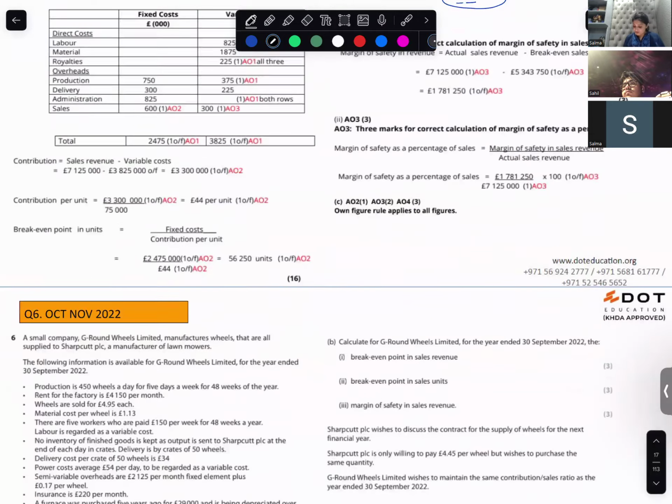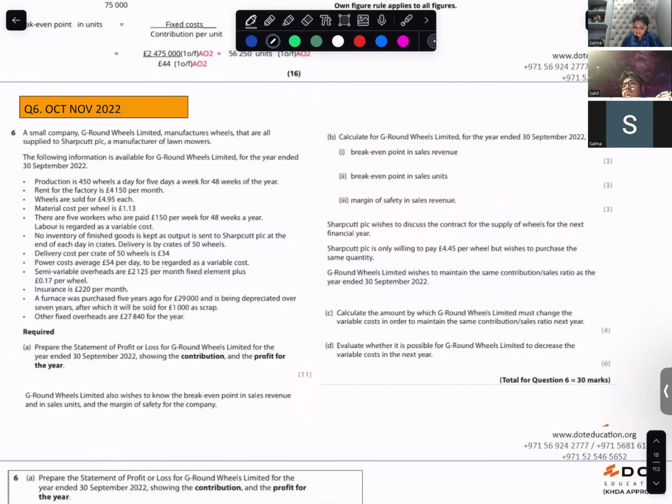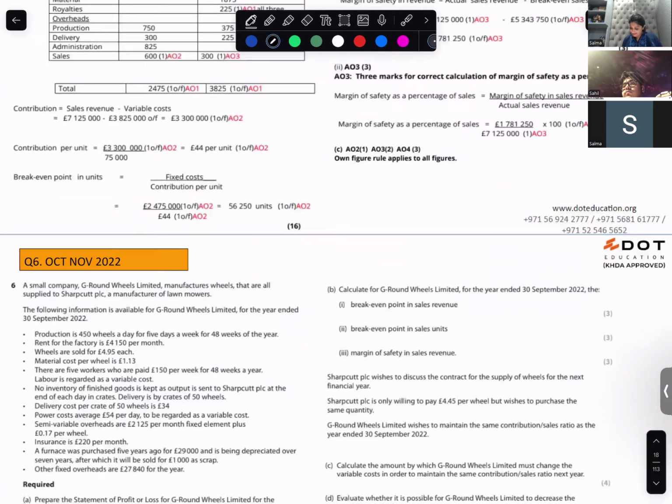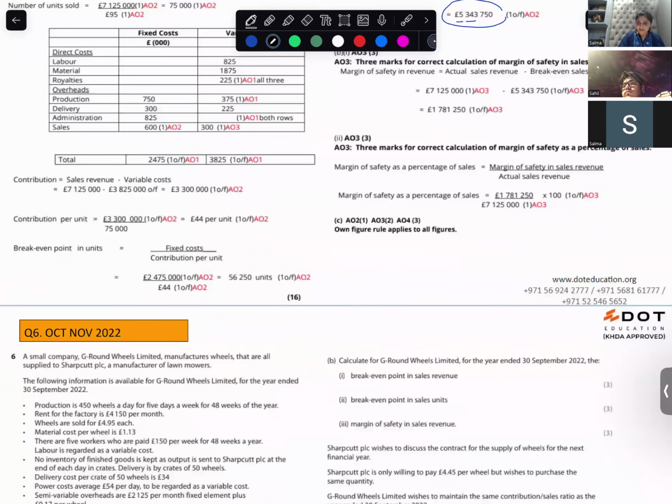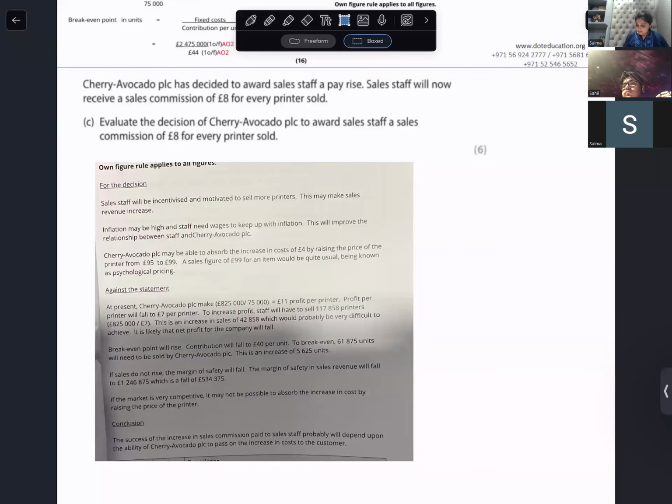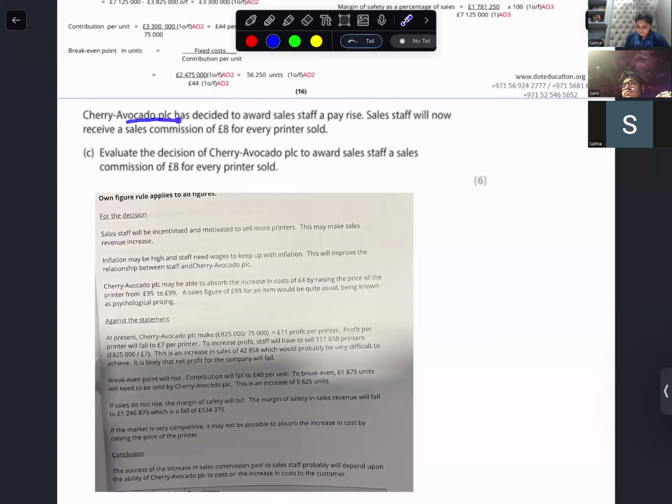So we found out the margin of safety as a percentage of sales value. Can you read the evaluation already? Cherry Avocado PLC has decided to award sales staff a pay rise. Sales staff will now receive a sales commission of £8 for every printer sold. So first they were giving a sales commission of £4.